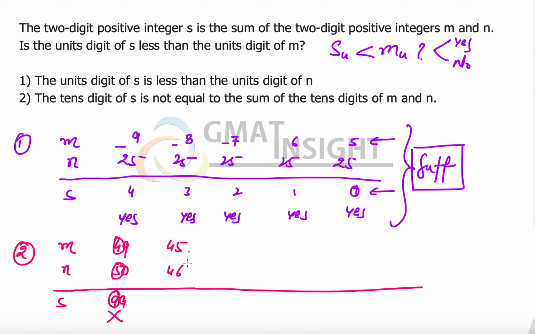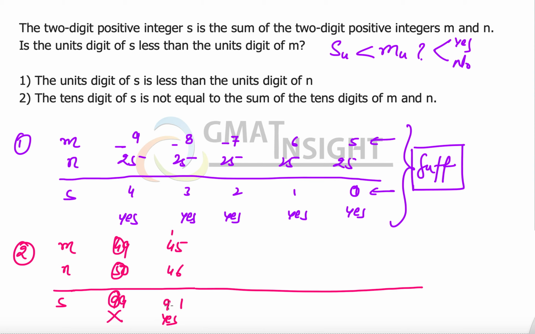And whenever the sum of the unit digits is greater than 9, one will go carry forward, and in that case, the tens digit of s will definitely not be the sum of the tens digit of m and n, because here 5 plus 6 is 11, so you put 1 here, 1 is carry forward, and we get 91. Similarly, we can take some other such cases, and our objective is that in this particular acceptable case, the unit digit of s is less than the unit digit of m. So the answer to the question is yes.